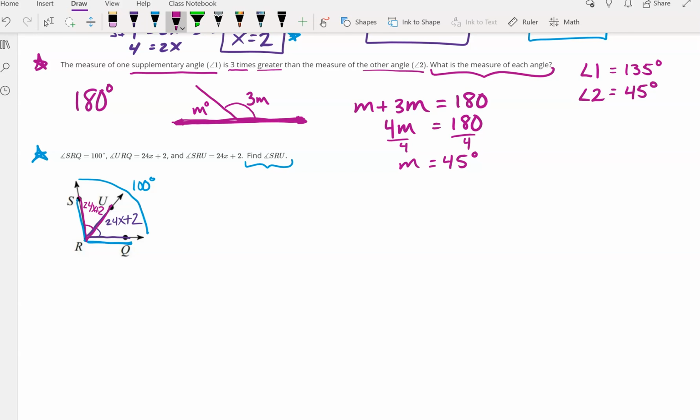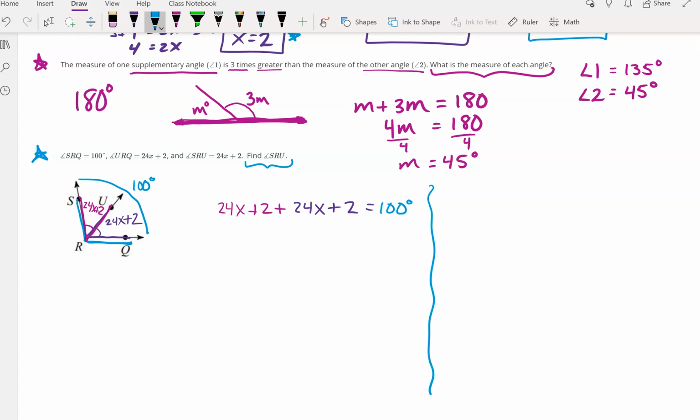We could go this route where we add together 24x plus 2 plus the 24x plus 2, that is my purple angle here, to equal my total, which is going to be 100 degrees. Okay, that's one way we could do the problem.